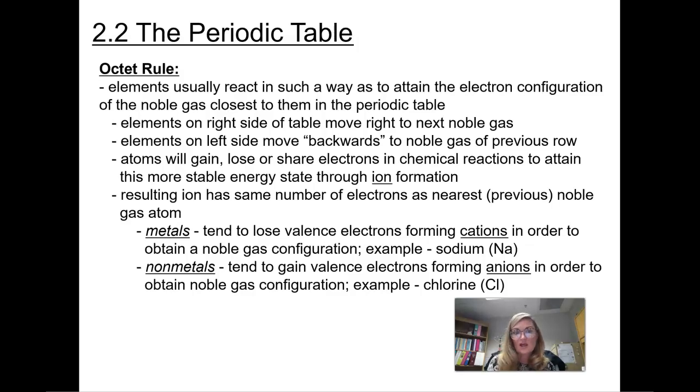This resulting ion formation is going to have the same number of electrons as the nearest previous noble gas atom. So metals will tend to lose valence electrons and form cations in order to obtain a noble gas configuration, example sodium. Nonmetals tend to gain valence electrons, forming anions in order to obtain noble gas configuration, such as chlorine.